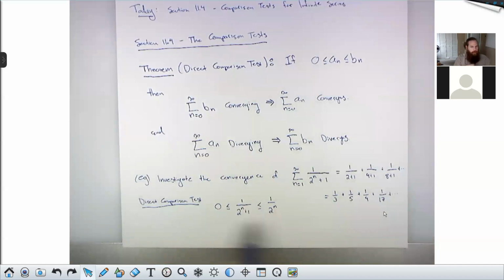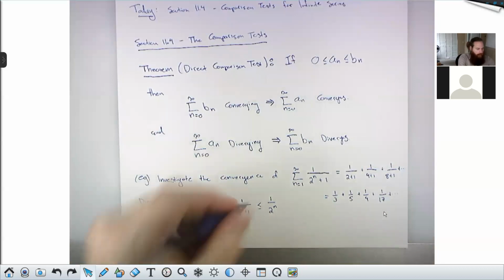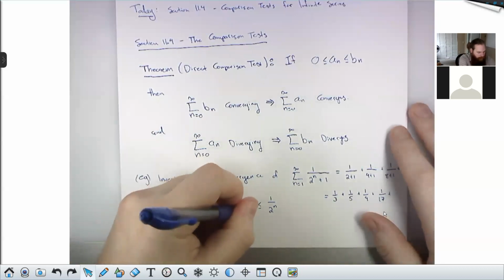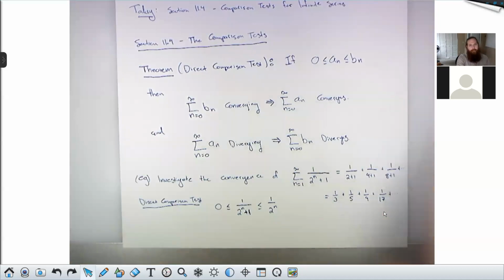Why is this bigger than this? Well, because this guy's denominator is smaller. A bigger denominator means you're smaller overall. So the denominator of my guy is a little bit bigger than the denominator of this guy, which means my guy is a little bit smaller than this.